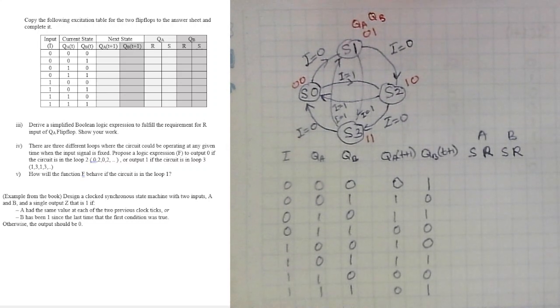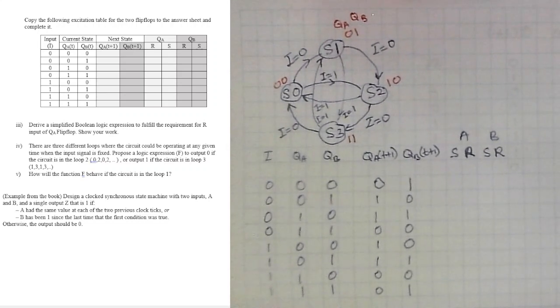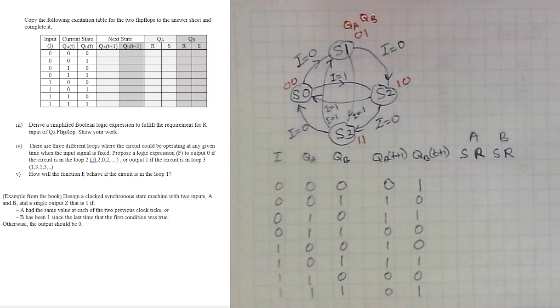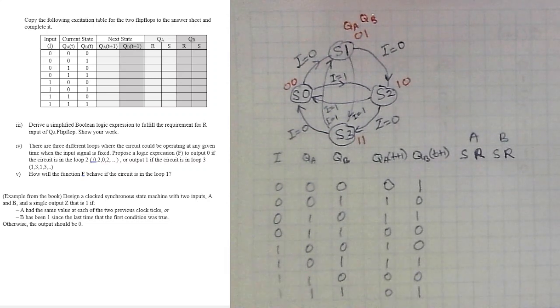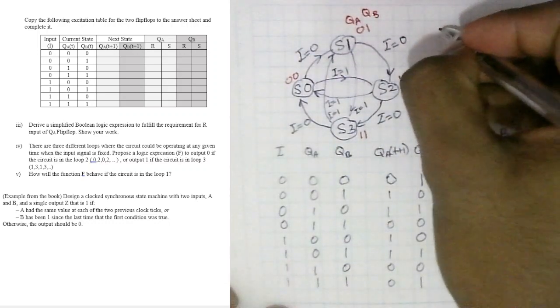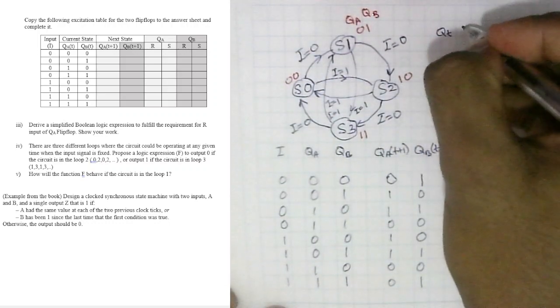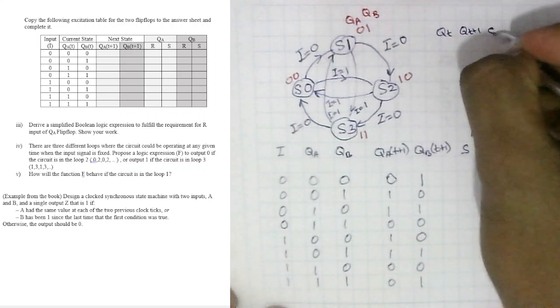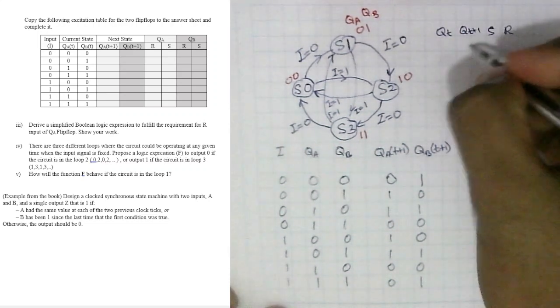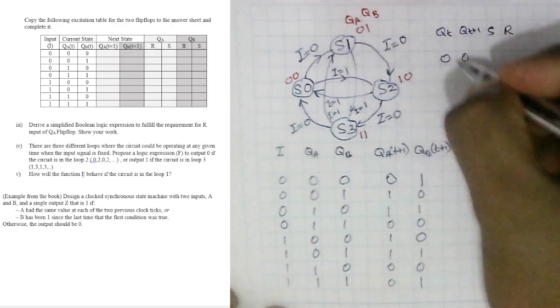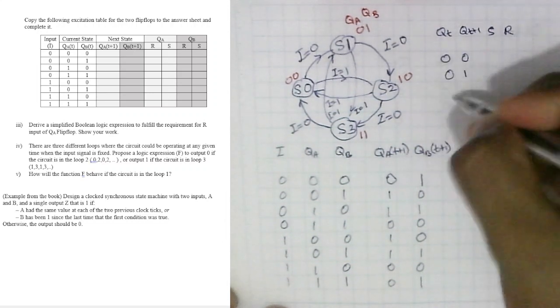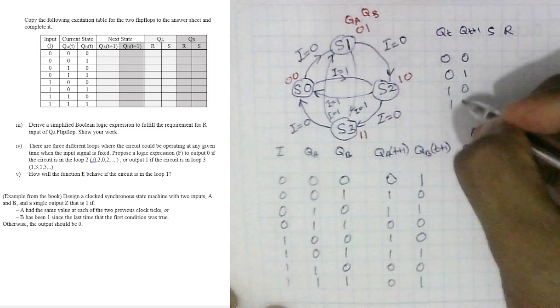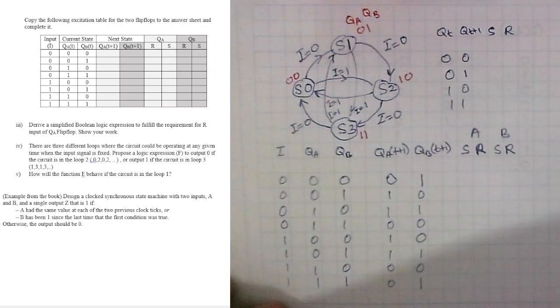So to fill this up, we need the excitation table which we just derived before. So I will just copy it here so it will be easier for you to follow. Okay. So Q(t+1) is 0 0, 1 0, 1 1. So what are the configurations?